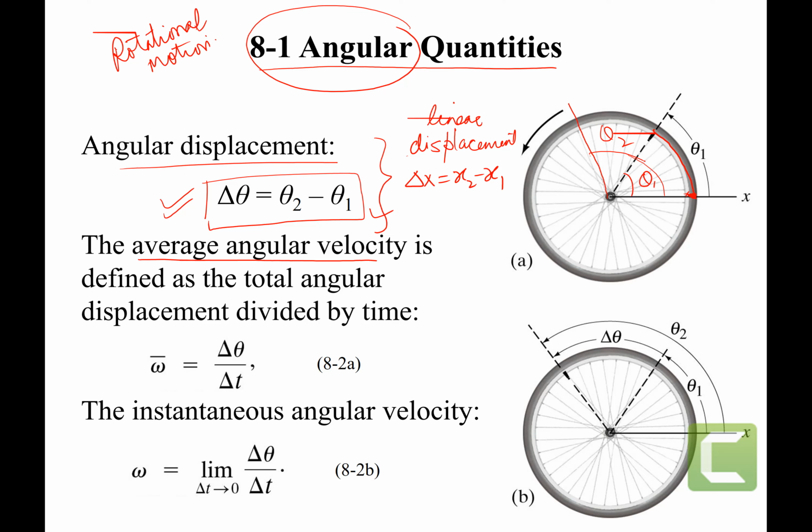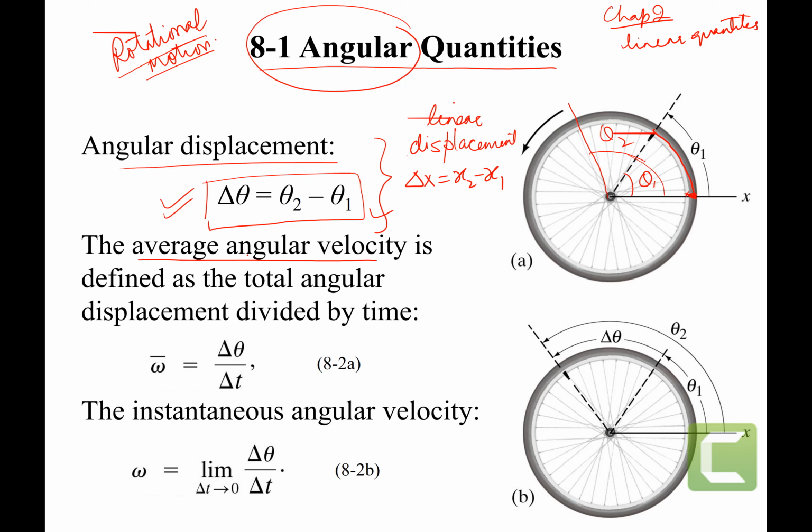And in chapter 2, you used simply displacement, velocity, instantaneous velocity, acceleration, which was actually linear. So chapter 2 was based on linear quantities going in one direction. But these quantities will be redefined, with new symbols and new definitions for rotational motion.